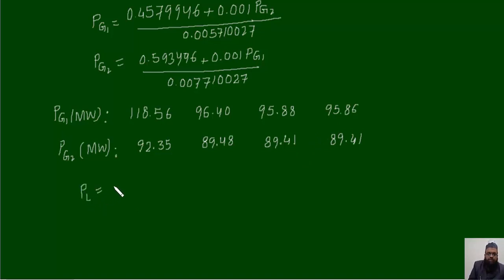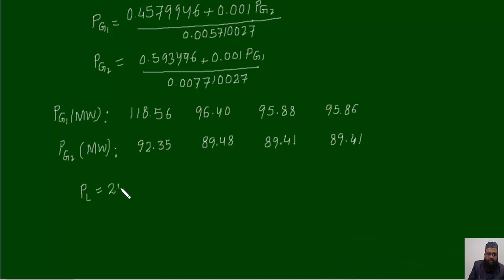Now calculate the loss and compare it with the total generation, this PG1 plus PG2, whether it comes out equal to loss plus demand, or lesser than that, or more than that. So this PL will be calculated using the same formula.